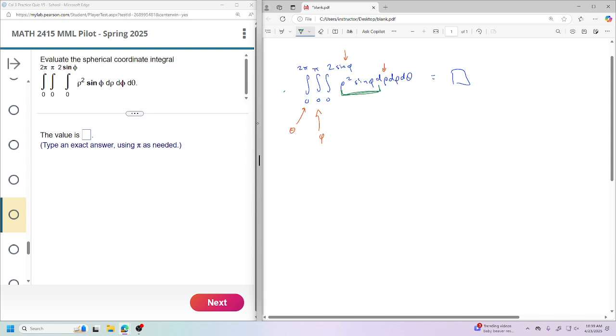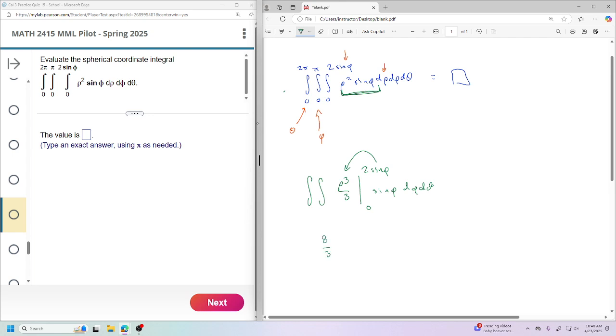Okay, so let's do some math. Cubed over 3. Am I right there? Yes, true. Okay, thanks. And then, I still have a sine phi in there. d phi d theta. And then I'm going to toss this guy in. And so I get 2 cubed is 8.